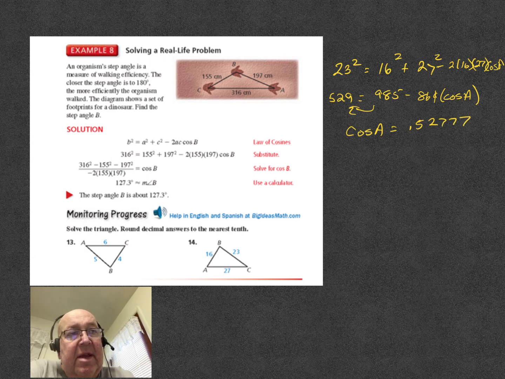I'm going to go inverse cosine of 0.52777, and I get that is equal to 58.1 degrees.